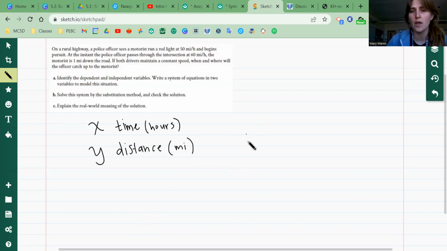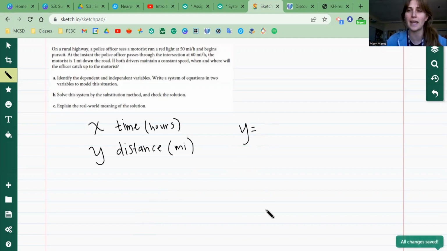I'm going to start out by writing y equals, and that's because I'm looking at the distance, the location of each of these people, the motorist and the police officer. So the motorist runs the red light at 50 miles per hour, and then when the police officer passes through the intersection at 60 miles per hour, the motorist is 1 mile away.